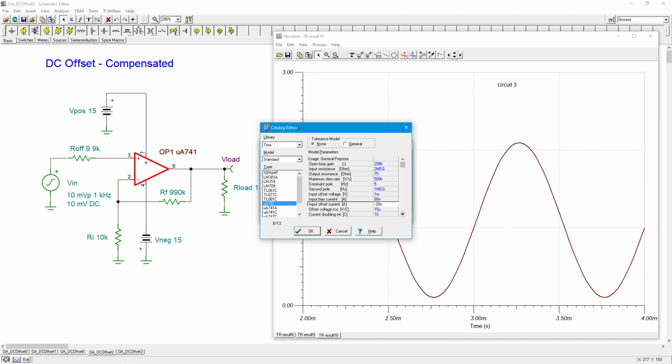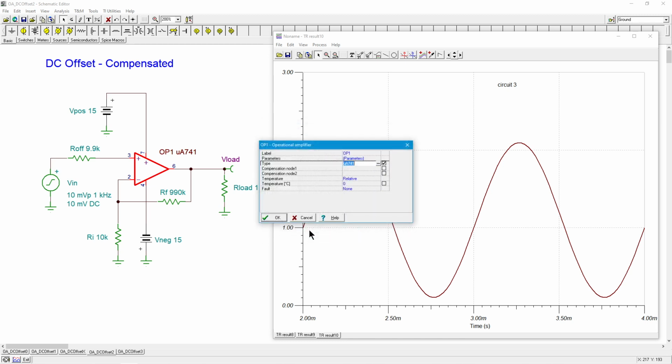It's a 50-50 proposition that for any specific op amp, that's a positive versus a negative value. Now, it just may be that with these two positive polarities, these things actually fight each other. It all depends on how the model is built internally. So let's just try this.